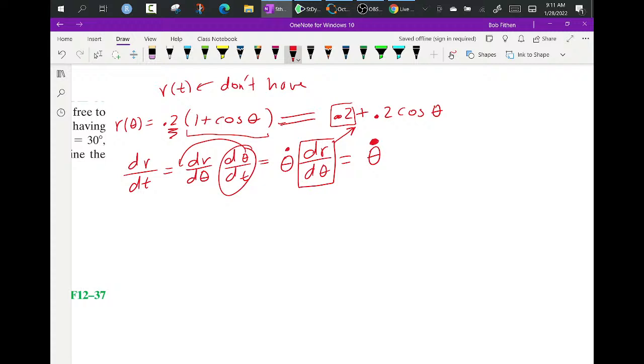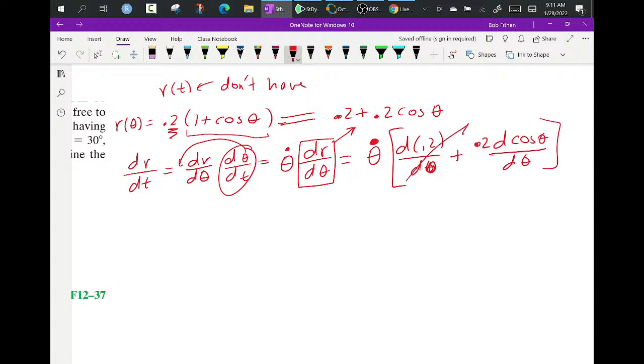That term, here I'll even write it out explicitly, I'll put a parentheses because I need a 0.2 times the derivative of cosine theta with respect to theta. That term gives you nothing. This looks funny, but the derivative of cosine is minus the sine. And this would be your r dot.